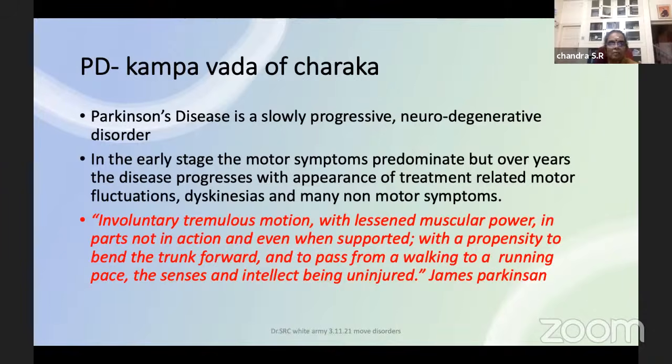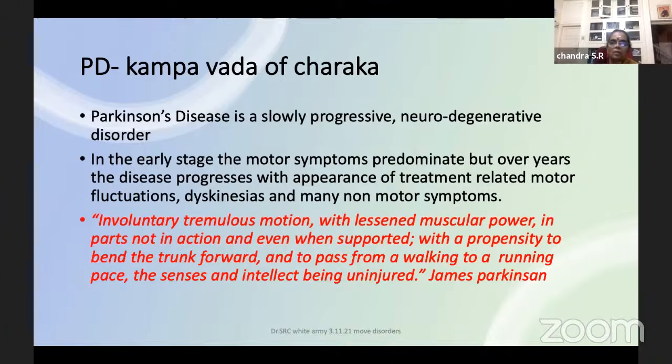The definition by James Parkinson is involuntary tremulous motion with lessened muscular power. That is, tremor is involuntary tremulous motion. Lessened muscular power, he mentioned bradykinesia, I think, in parts, not in action. So the parts which are not moving are very slow. They look like a statue, even when supported, with a propensity to bend the trunk forward.